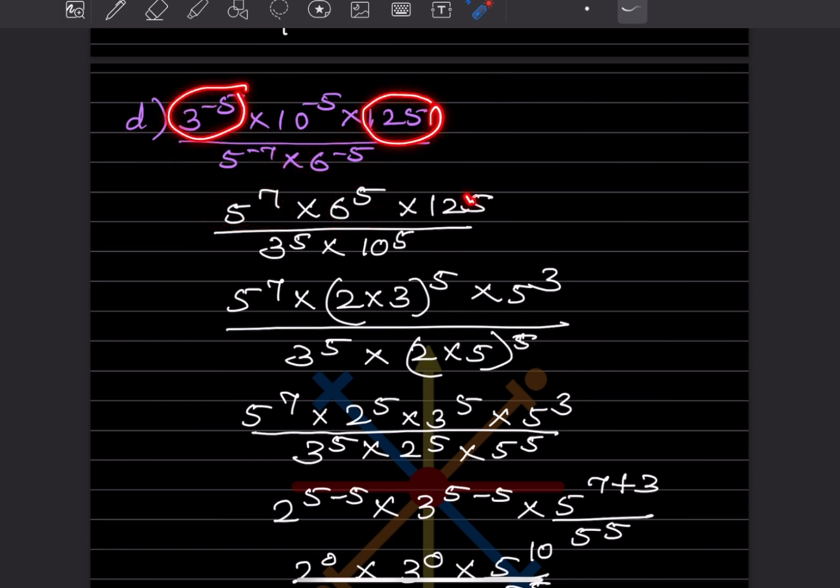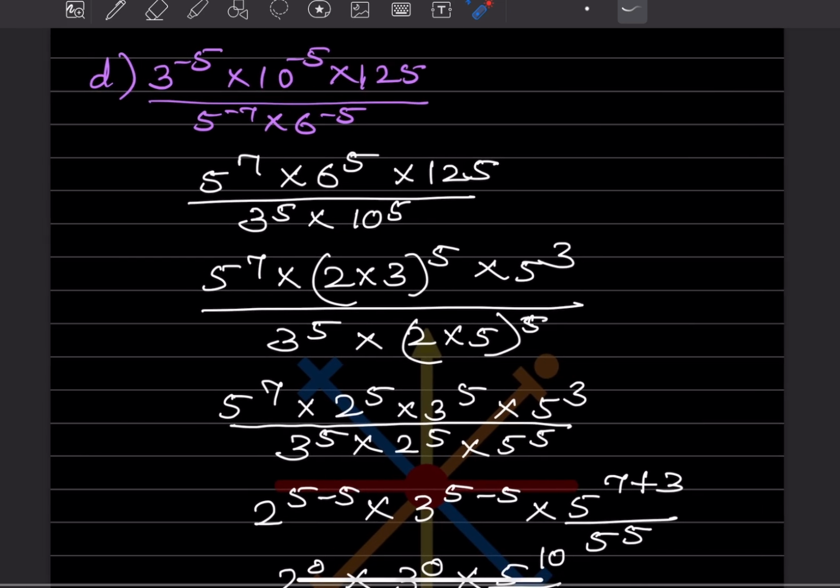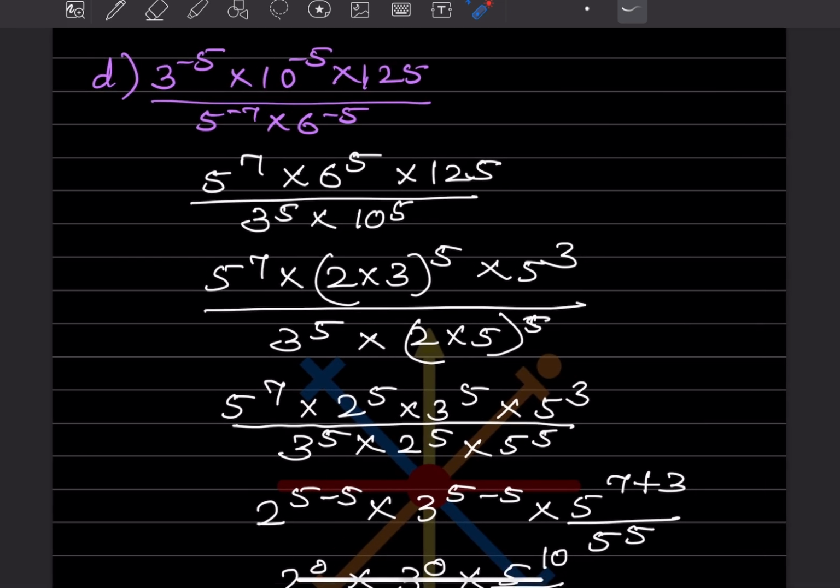And this goes in the denominator, that is going to be 3 raised to 5. Hope this is clear. Or if you're confused with this one, for this one you can write here 1 by 3 raised to 5. For this one you can write here 1 by 10 raised to 5, and this is already 125. So you can do it that way. Anyways you can do it, so this step can be different.